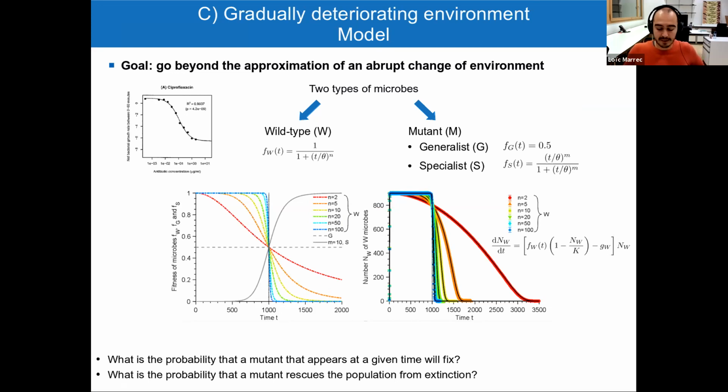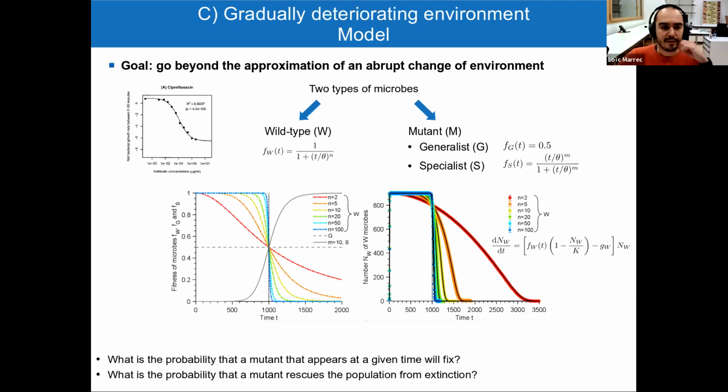In the first two parts of my talk, I assumed an abrupt change of environment. So I assumed that as soon as the drug is added to the environment, it impacts the division rate or the death rate of the sensitive microbes. But actually, it can be a bit more complex.